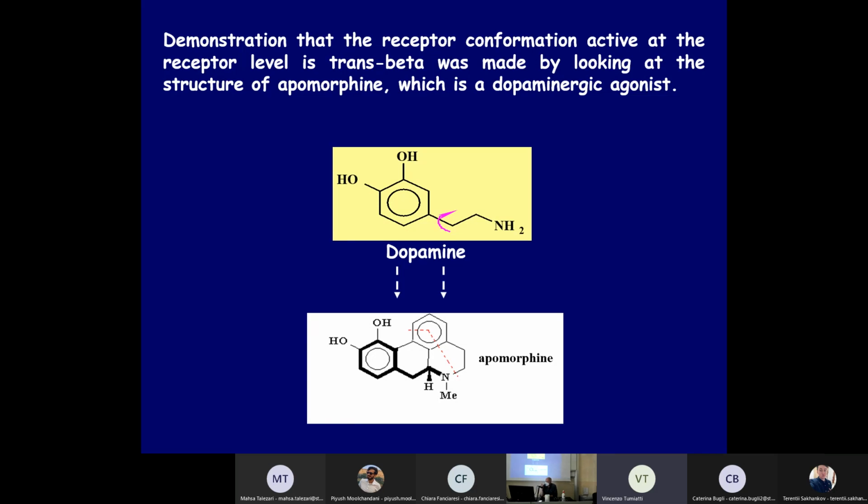We'll see this particular point in a future chapter about dopamine, and we'll also see other different compounds deriving from the frozen analog approach applied on the chemical structure of dopamine.